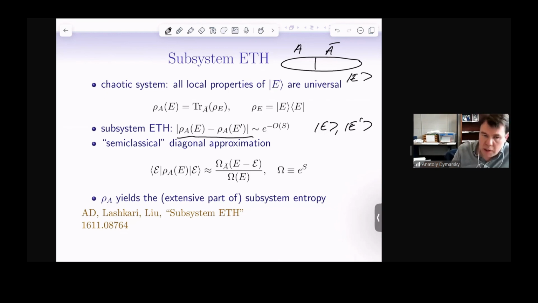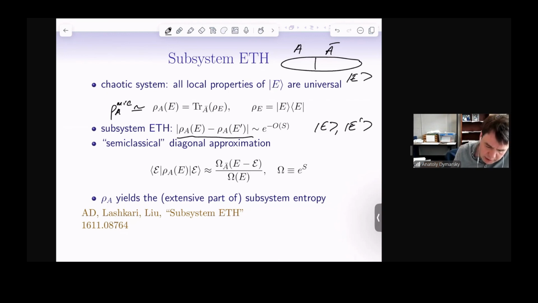And then from here, it will follow automatically that the reduced density matrix of an individual eigenstate is approximately equal to the reduced density matrix of a microcanonical ensemble, and we can repeat the same considerations which we just did a few minutes ago for the microcanonical ensemble and the semi-classical approximation.